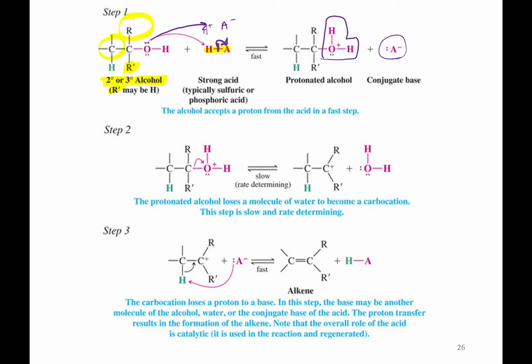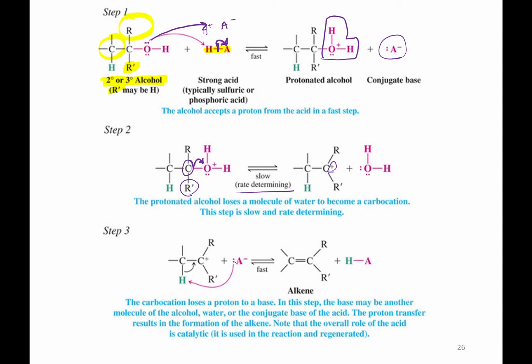Now, this protonated alcohol is going to lose that molecule of water. This water is called the leaving group. This is actually the slowest step, the rate determining step here, and we're going to leave this carbon with the carbocation. Now, if R is a hydrogen and we have a secondary carbocation, it's not going to be as stable as the tertiary one, but remember carbocations aren't stable anyway, so they're still both unstable.